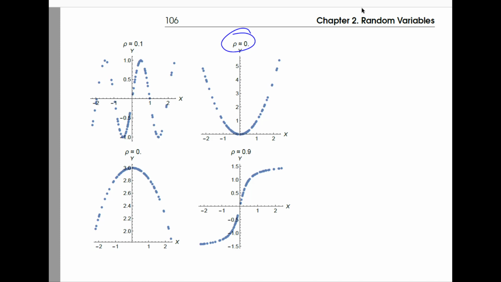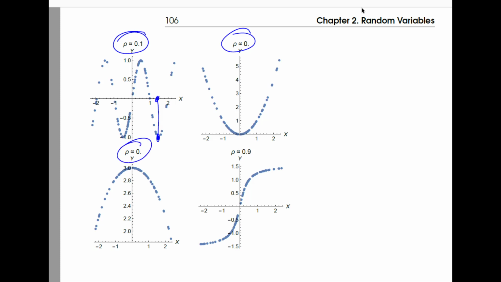The problem is that that relationship is not linear. It's a parabola, so if you do the calculations, you're going to get 0 for this covariance. Same thing here. If you have a sine or cosine type relationship, although the relationship is perfect, for a value of x here, you know exactly where the value of y is going to be, which means that they're clearly not independent. Yet the covariance is 0, or correlation is 0.